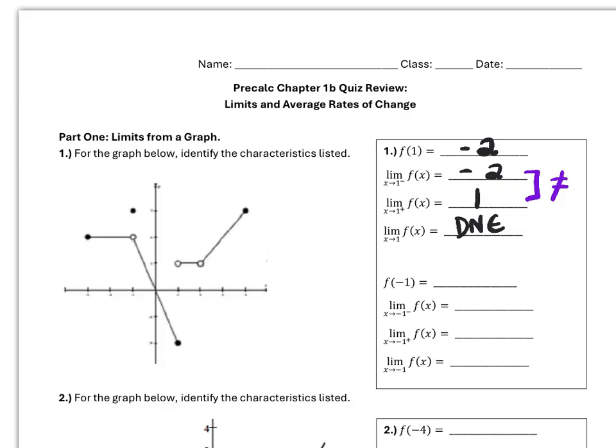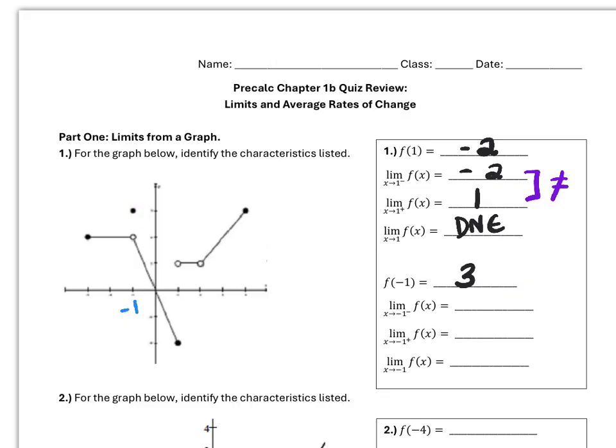And then it's going to ask us about -1, so this is going to be right here. So it's asking us for the value of the function at -1. So we look for where there's a closed circle when x is -1, which is up here at +3. So the function exists when x is -1 and y is 3. And then it's going to ask us about the limit.